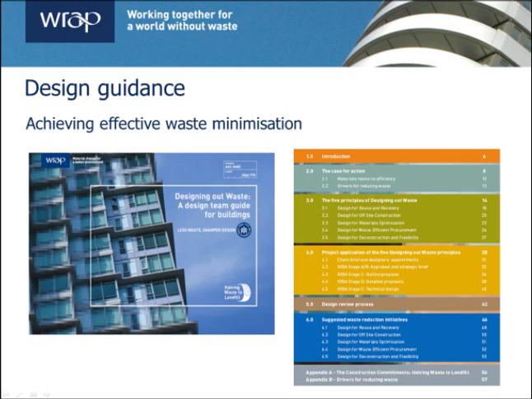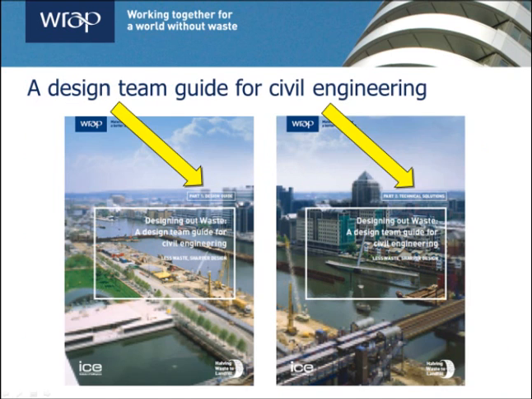In addition to the description of the 5 principles of designing out waste, this design team guide also contains a series of suggested waste reduction initiatives. These have been broken down according to the 5 principles. As with all the guidance produced by RAP, the guide is available in both electronic and printed form. The equivalent guidance for civil engineering projects is Designing Out Waste, a design team guide for civil engineering.